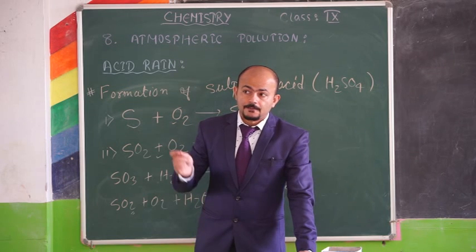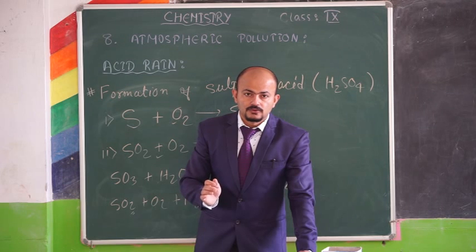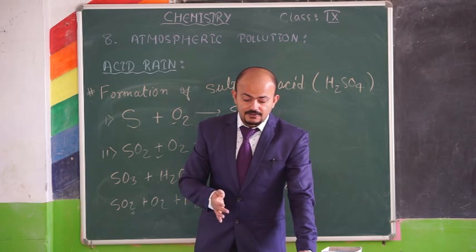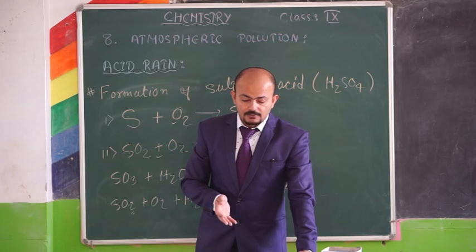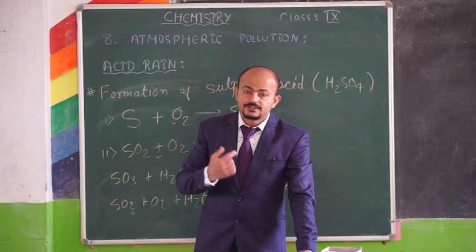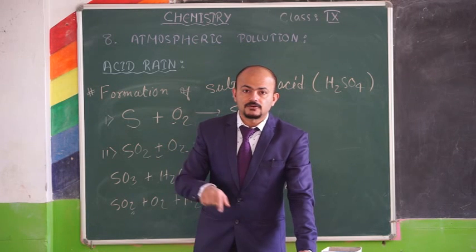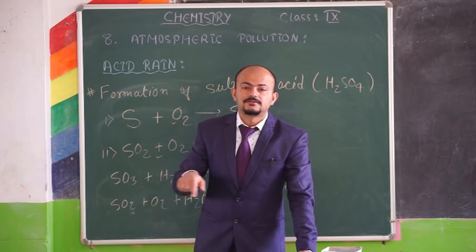Whenever the pH value of the rain is very low, it is highly acidic, and it will affect our body and also the respiratory system whenever we inhale it. Whenever it comes in contact with our skin, and if its pH value is low, then even our skin gets affected.